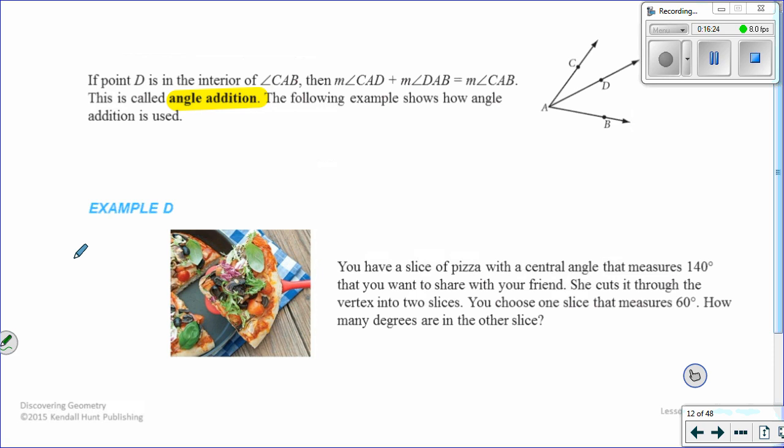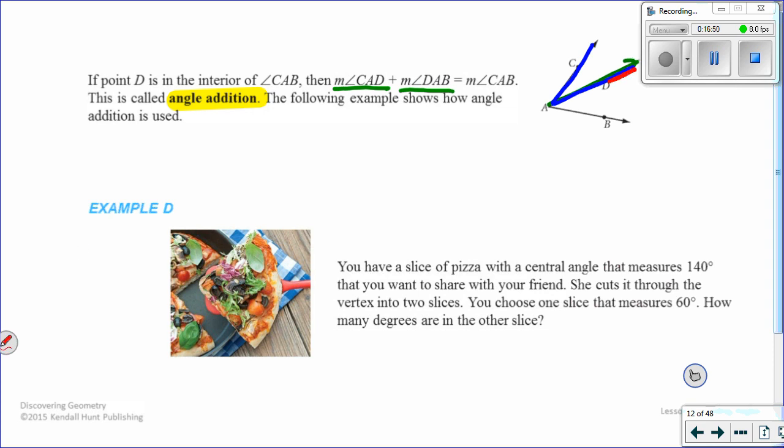All right, almost done. Point D is in the interior of angle CAB. So we have something right here, this point that's inside of the angle. The ray is also inside of that angle. Then the measure of, remember M means measure, the measure of CAD plus the measure of DAB. So I'm going to draw that out. What I'm saying is the measure of this angle. It's going to make sense when you see it.